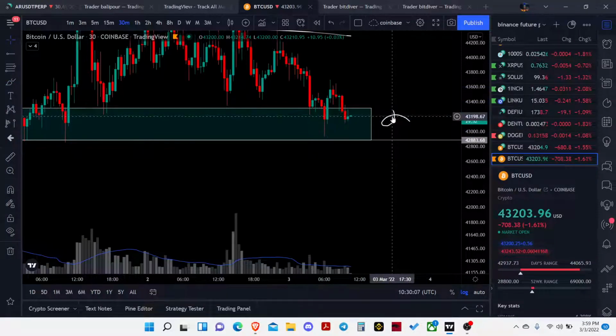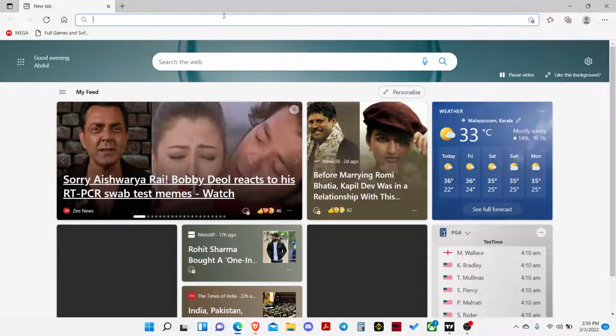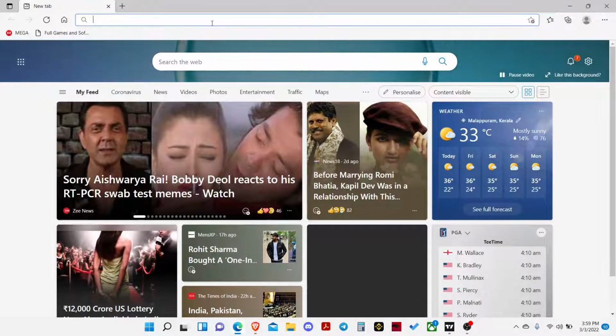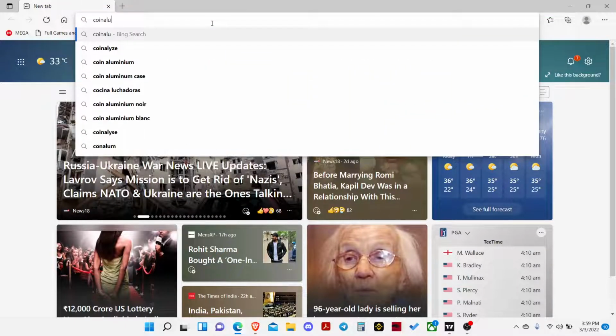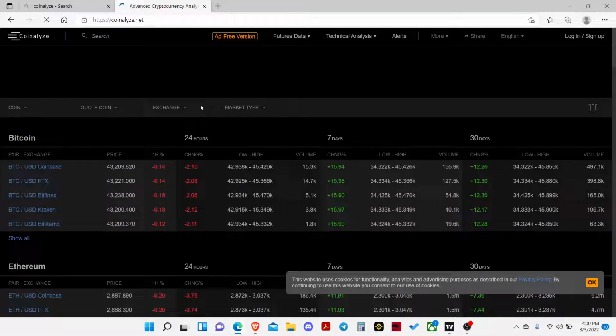If you want to get an insight into that, we have to look at the open interest. So let me use Coinalyze to do an analysis of open interest.